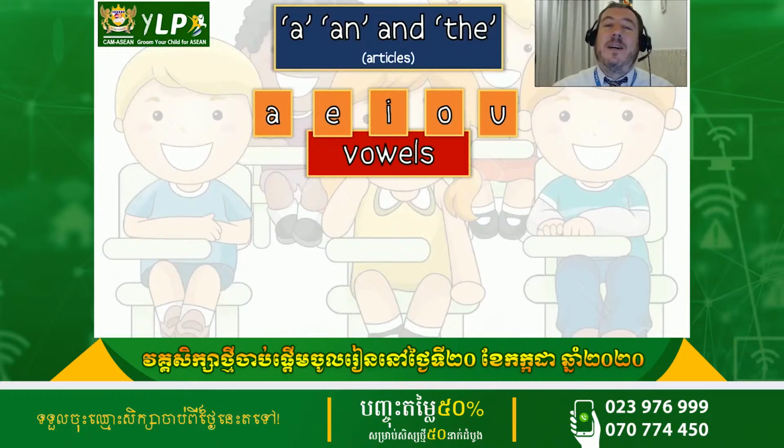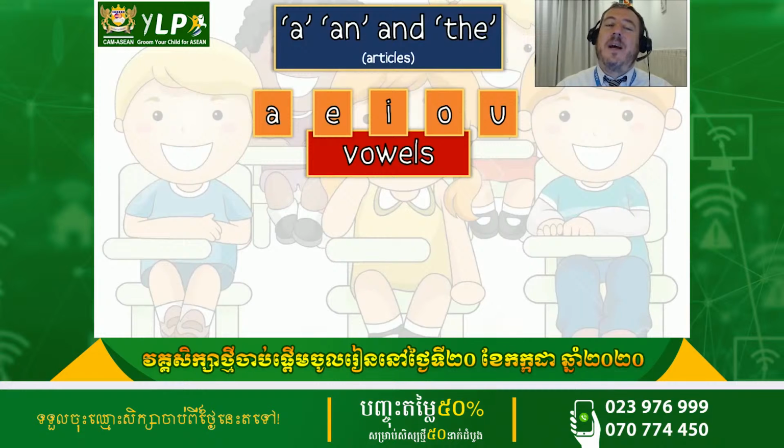They are special because every word in English has at least one vowel, apart from the word rhythm. You can check on Google later. The word rhythm doesn't have a vowel in it. But most other words have a vowel or a vowel sound.